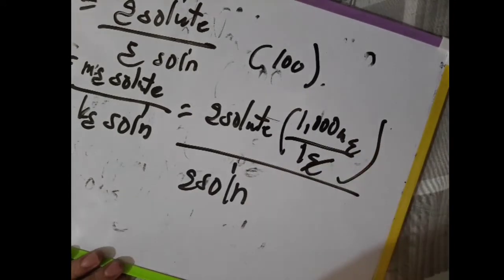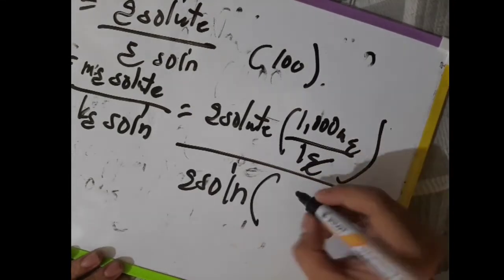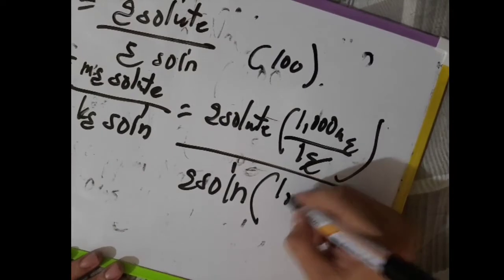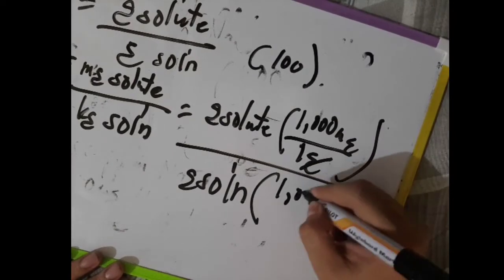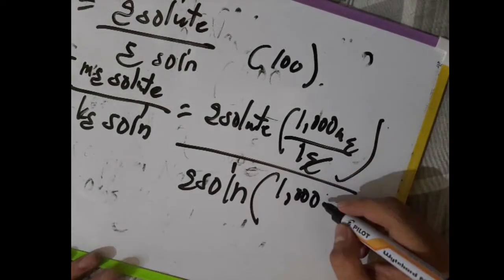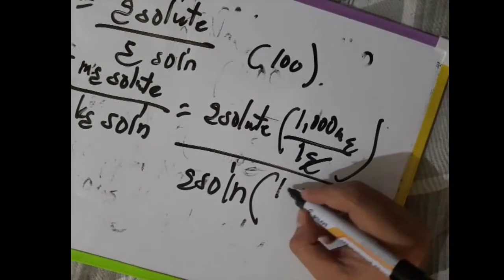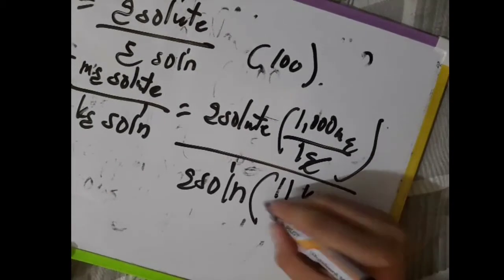That is 1,000 over 1 kilogram over 1,000 grams.